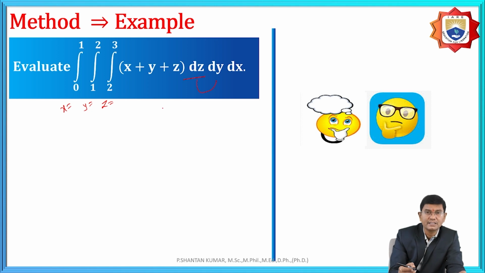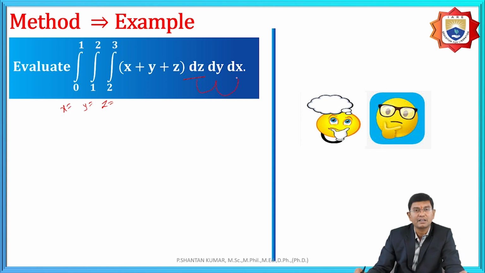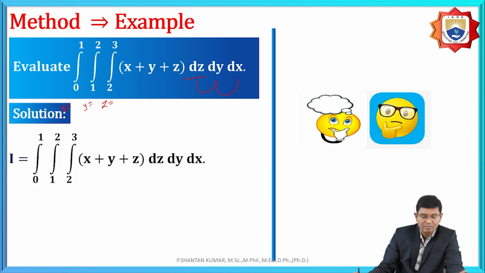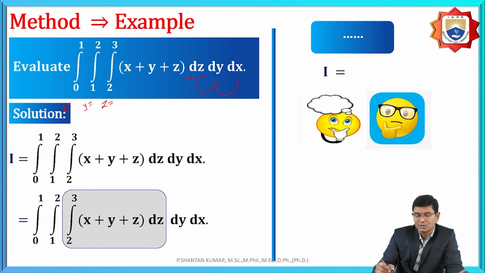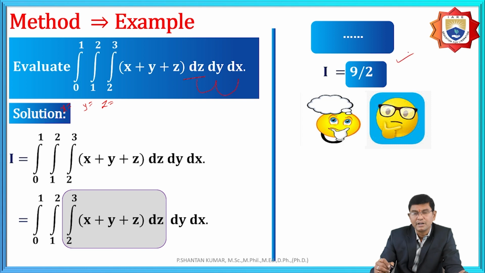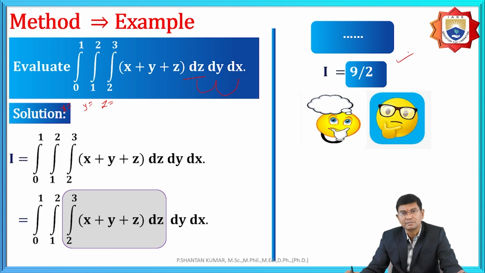Next is with respect to y, with limits y equal to 1 to 2. Finally, we integrate with respect to x, with limits x equal to 0 to 1. We find the solution one by one, inner to outer. Here also, following the same condition, we obtain the final solution, 9 by 2.